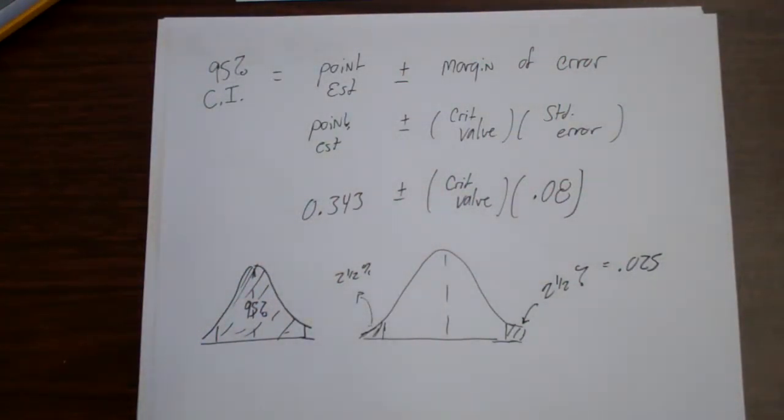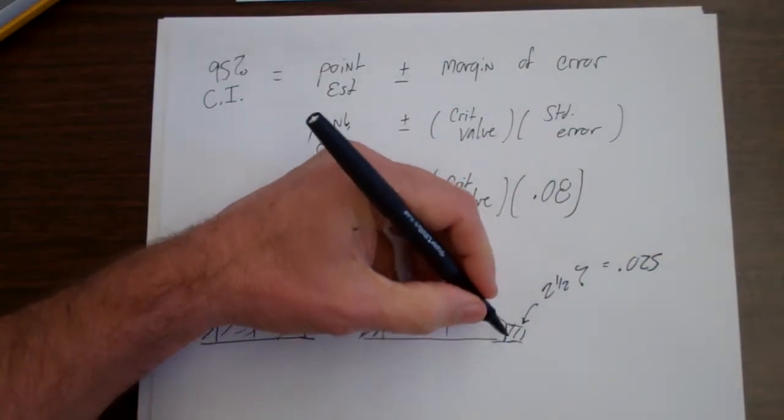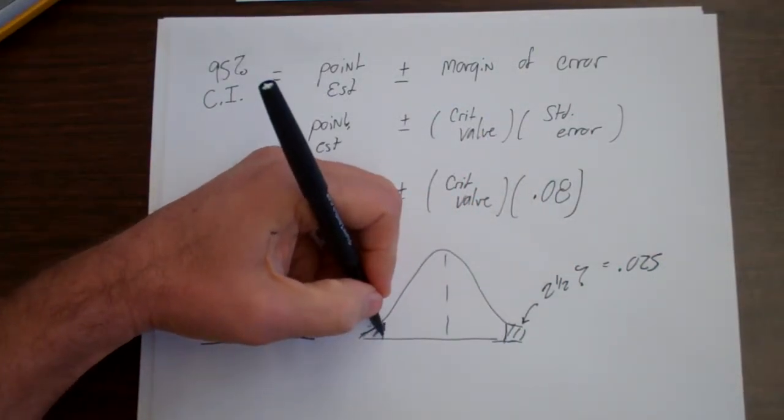You're going to use your z-table to find the critical value. You could find either the positive or negative critical value, it doesn't matter.